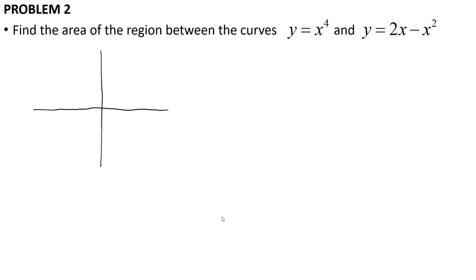Okay, so the technique here is you need to solve first the points of intersection. So we have y equals x to the power of 4. Then the other one is y equals 2x minus x squared. Equating the two equations, you now have x to the power of 4 is equal to 2x minus x squared.